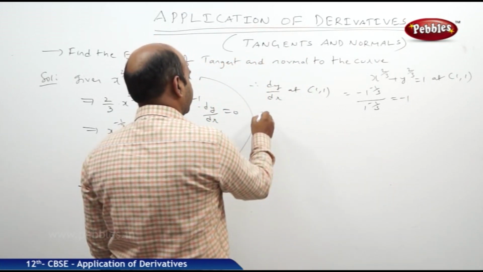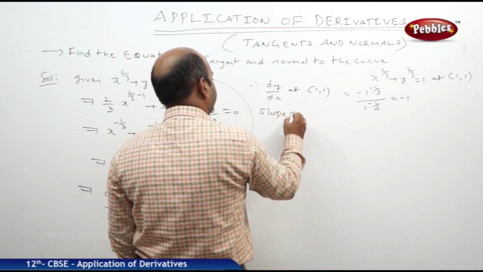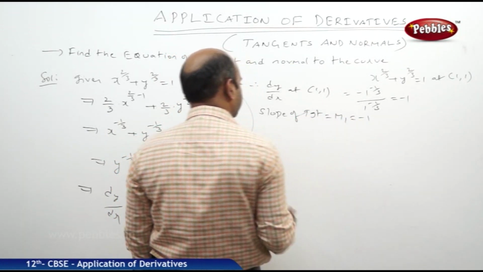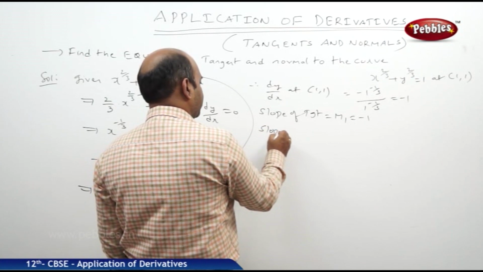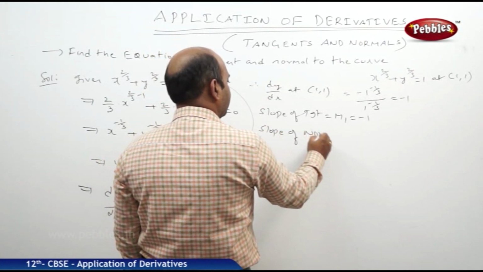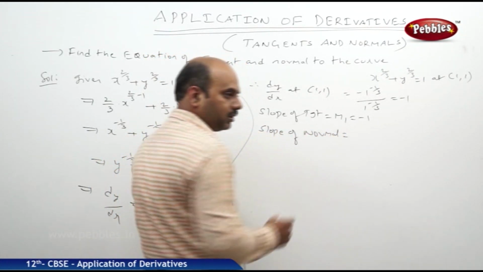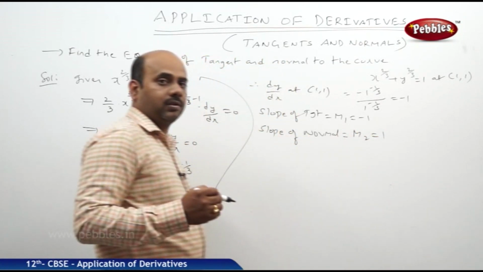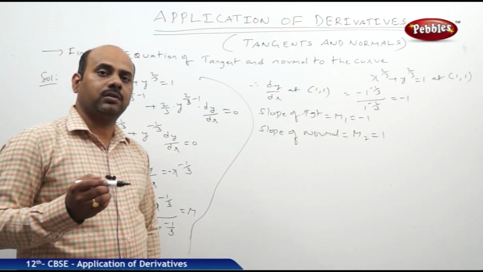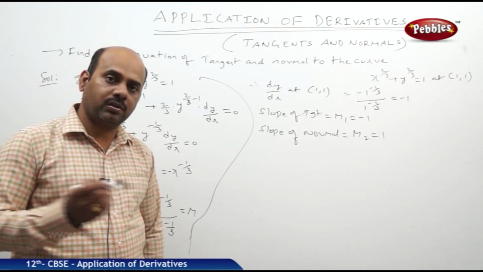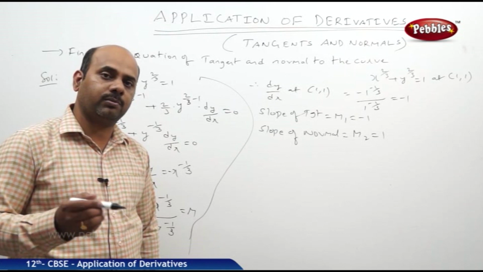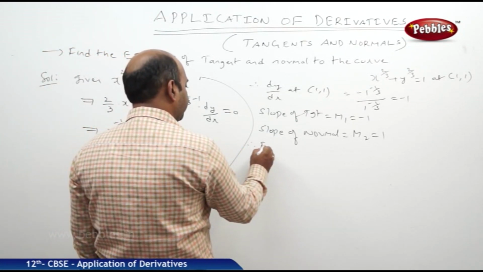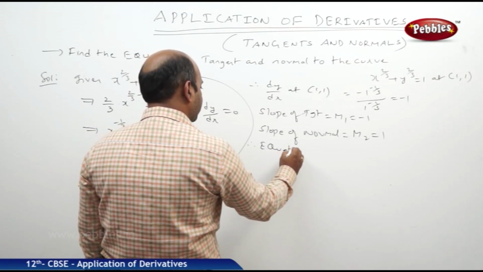That means I can conclude slope of tangent is equal to m1, that is equal to minus 1, and slope of normal is m2, that is equal to 1, because m1 into m2 is equal to minus 1. The product of slopes of tangent and normal, when I multiply, I should get minus 1.